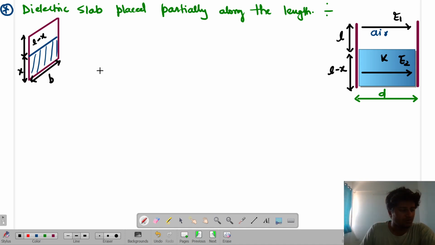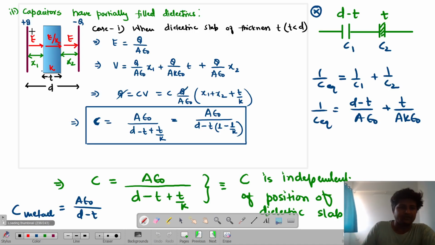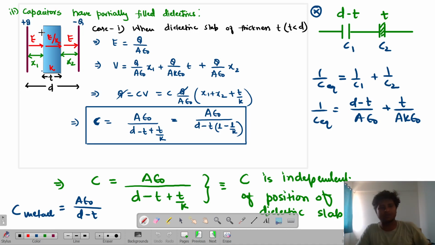So let's suppose I want to find the effective capacitance. What kind of distribution is this? These all are experiencing a similar potential. This one is also at the same potential V and this one is also at the same potential V or not? Previously they were at different potentials. This region was having another potential, this region was having another potential. That's why I called it series.